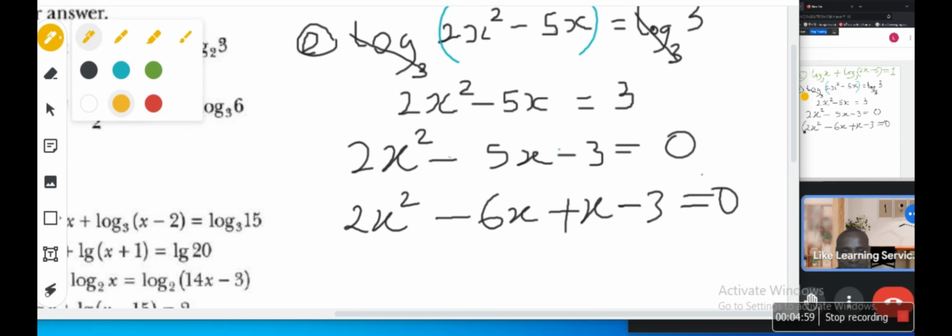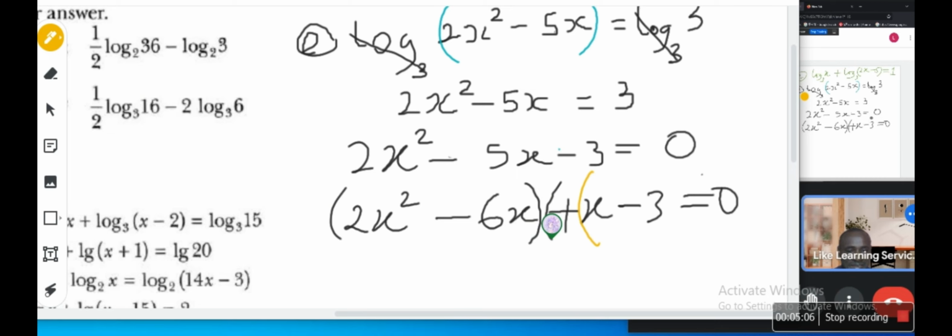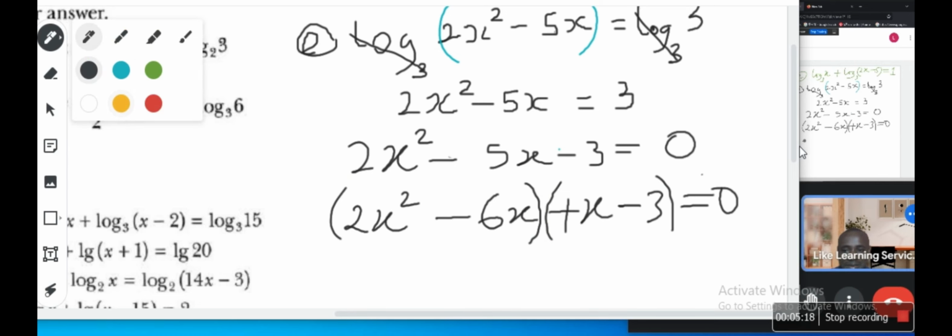Let me remind you. You just factorize in pairs. Good, you know this. The way you're doing it is fine. Go ahead and factorize in pairs. I'm so proud of you.